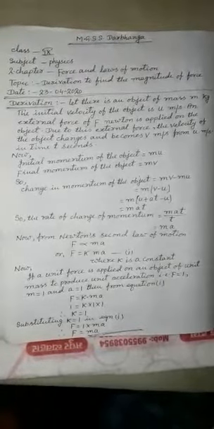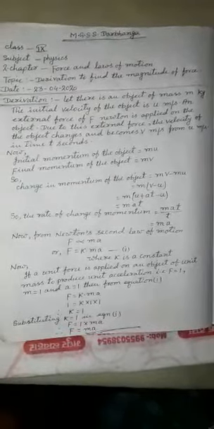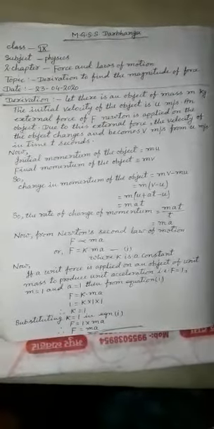Now, the initial momentum of the object. Momentum, you know, is mass into velocity. Initial momentum of the object is equal to m into u, since m is the mass of the object and u is the initial velocity of the object.